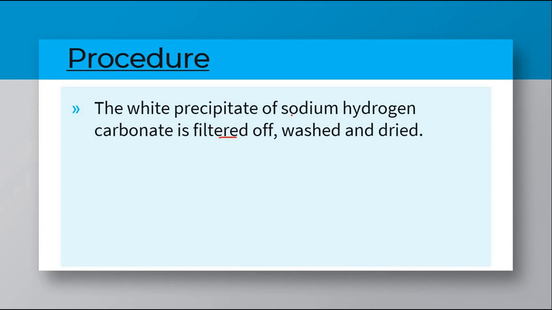Our interest is in sodium hydrogen carbonate, so that's why we filter it off from the rest of the components. Then we wash it. How do we wash it? Since it is a precipitate, we can get distilled water and pour it on top. Then after, we dry it. At times you can either put it outside in the sunshine, or you can squeeze it between filter papers.